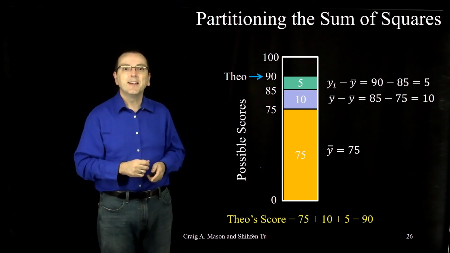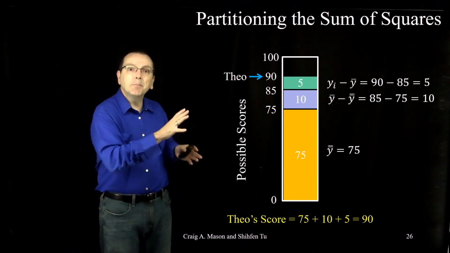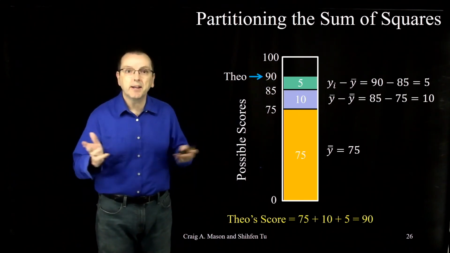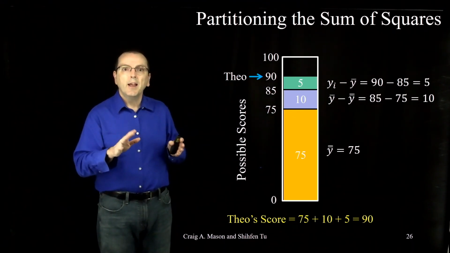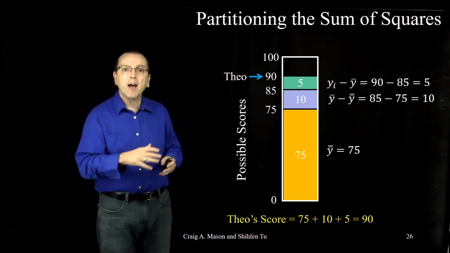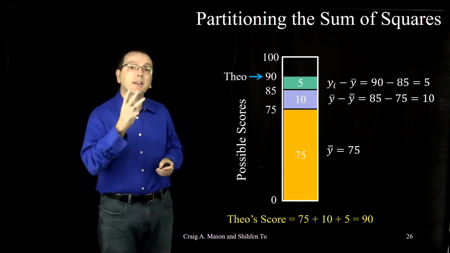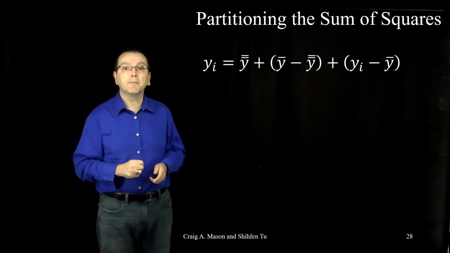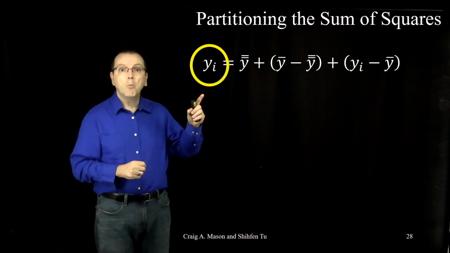Now, of course, the same principle works for everybody's score. So let's mathematically write out someone's score based on these 3 different components. We have y sub i.